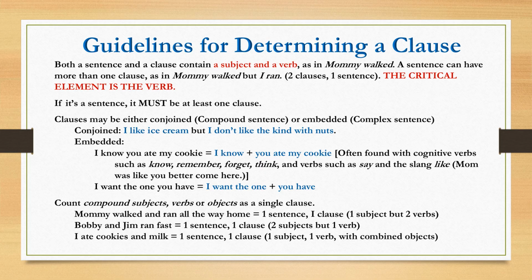Difficult decisions occur when you have compound subjects, verbs, or objects. While these may seem like separate clauses, for our purposes, we'll count them as a single clause. Again, Stacy and I consulted with other professionals before reaching this decision, and we based the norms on counting clauses in this manner.